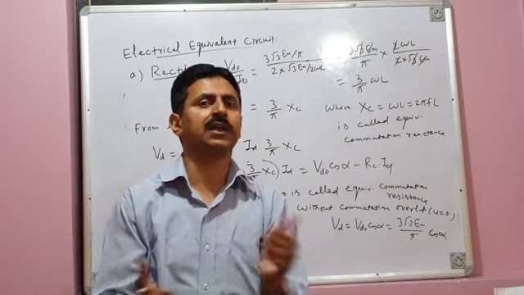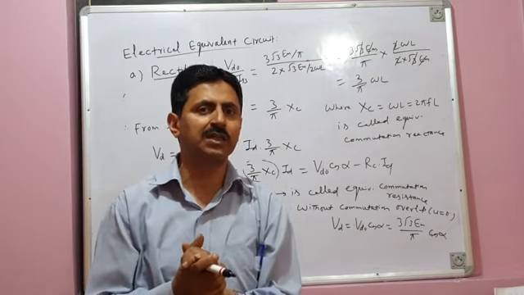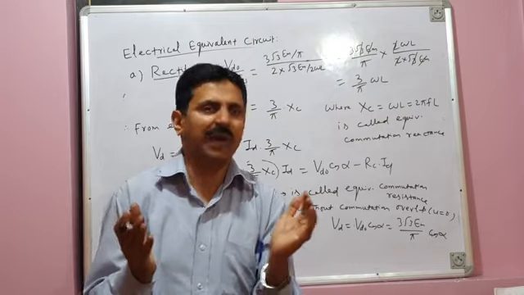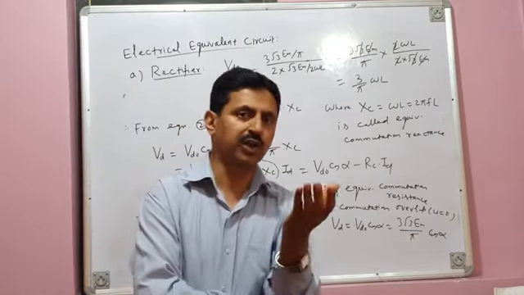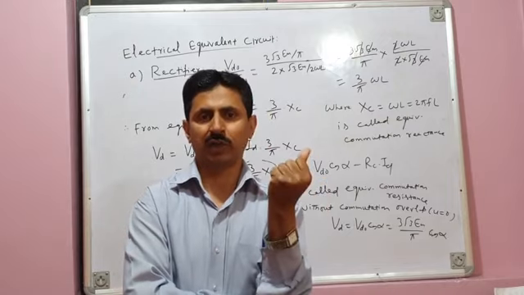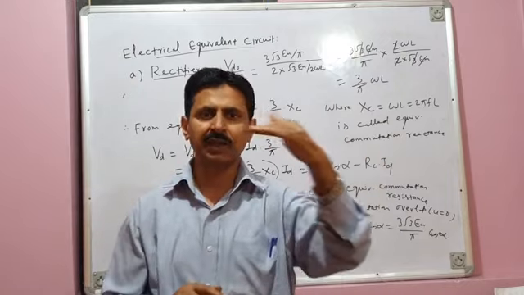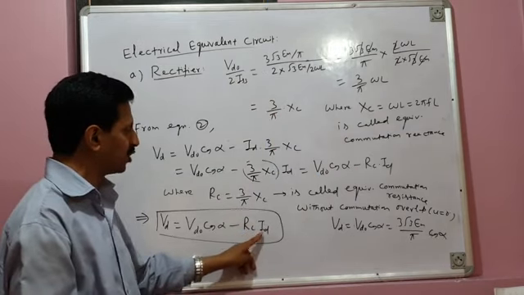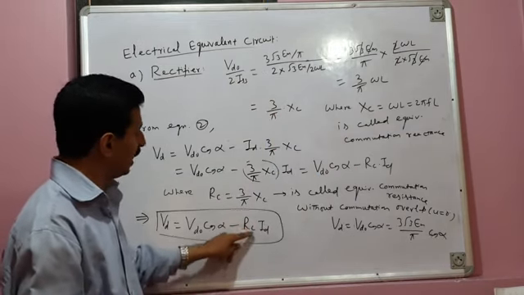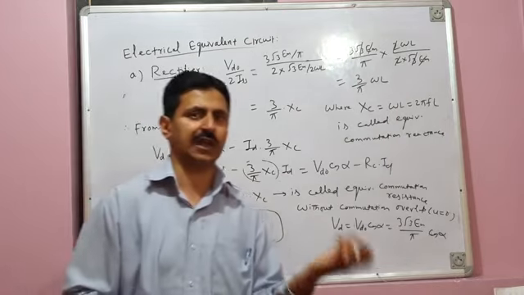And in the electrical equivalent circuit, that drop in the voltage is taken care of by a parameter called Rc. We already know that resistance always drops voltage. When current flows, it drops the voltage Id into Rc. Now this is not a physical resistance actually there.